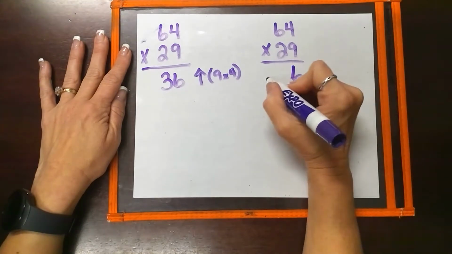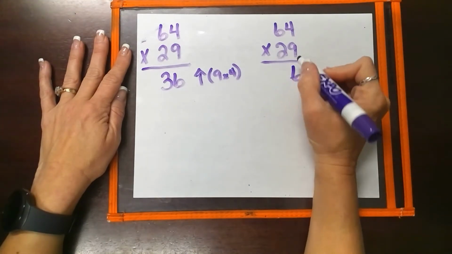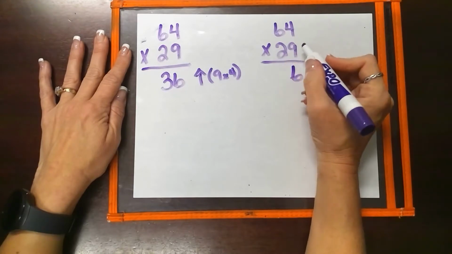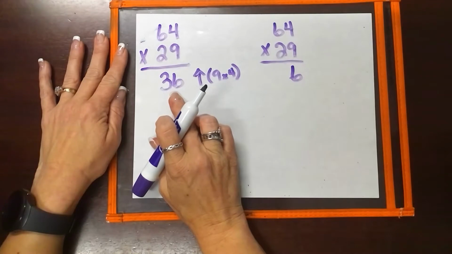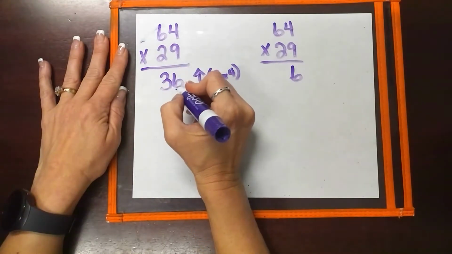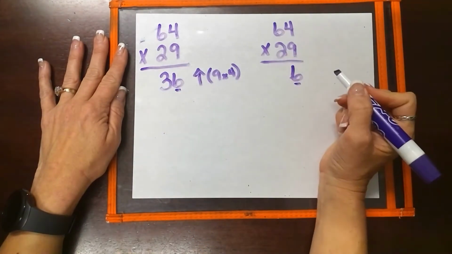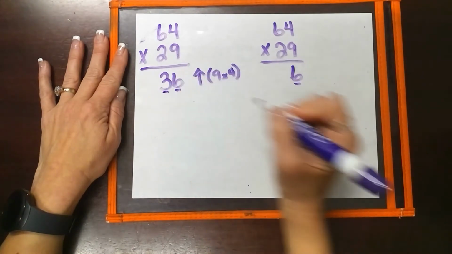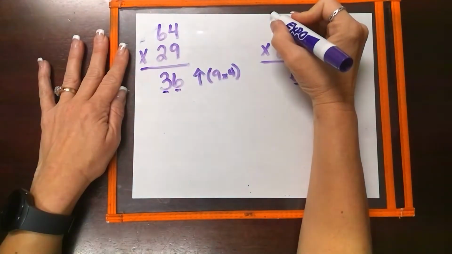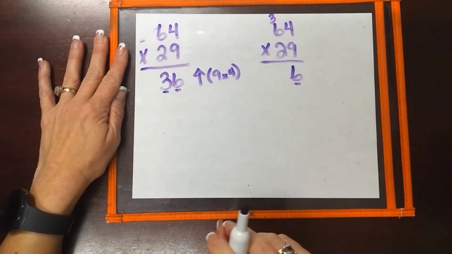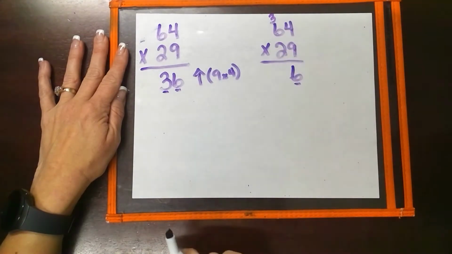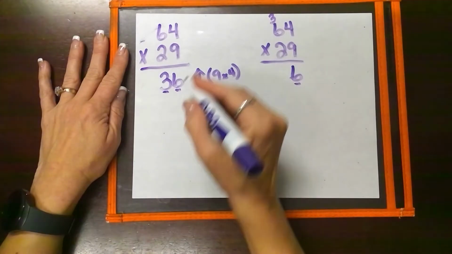I just want one line, a one-line answer for everything that I multiply by the ones place. So instead of writing 36 out in its entirety, because I have 6 ones, I wrote my 6 ones, but now I have 3 tens, so I'm going to put a 3 on top of the 6, okay? And that 3 on top of the 6 tells me that I need to regroup 3 tens. Okay, so far so good.